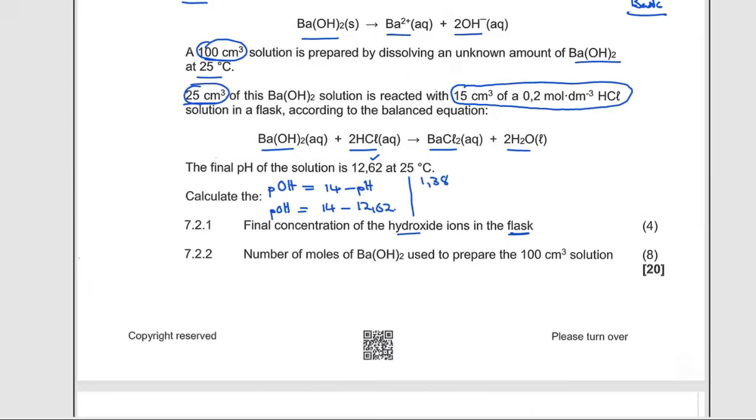After getting that value of 1.38, I'm now having the value of pOH.